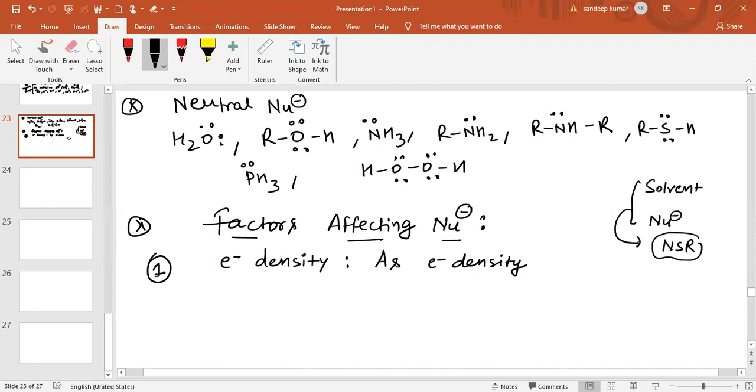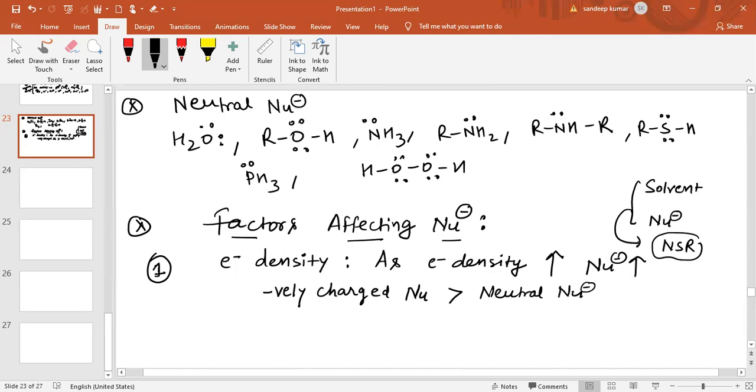For example, negatively charged nucleophiles are stronger than their neutral nucleophiles.